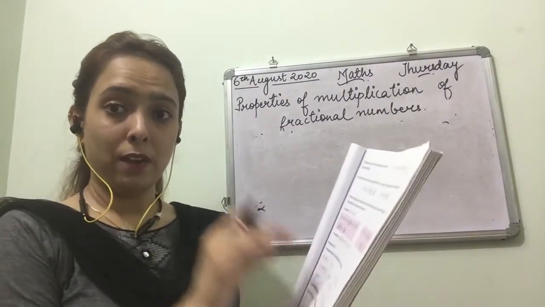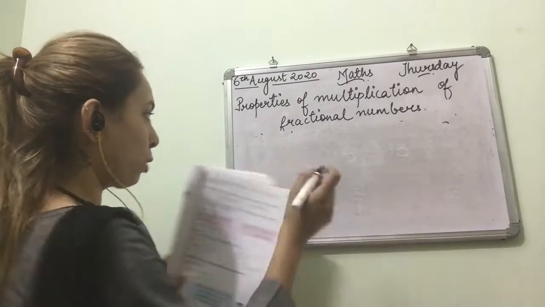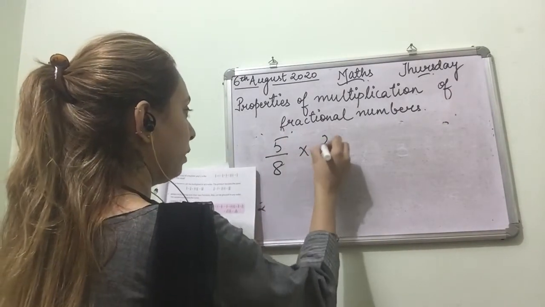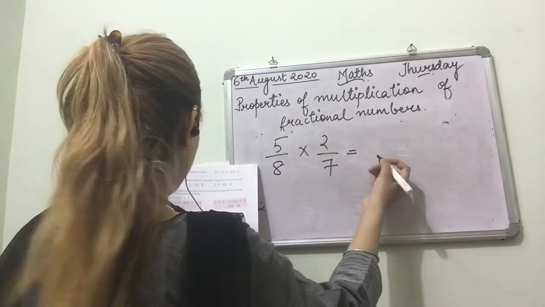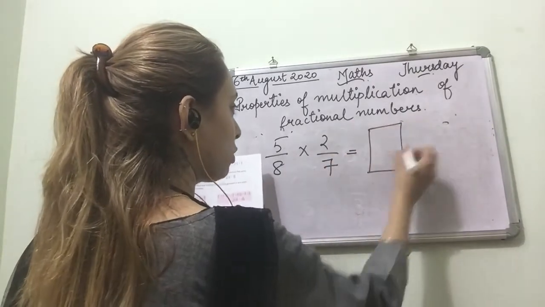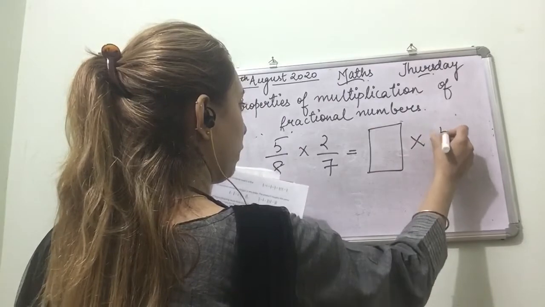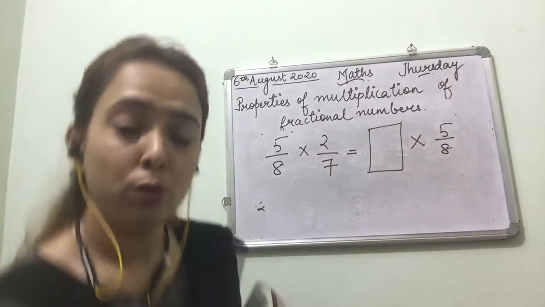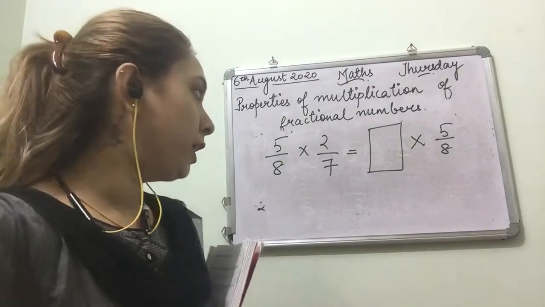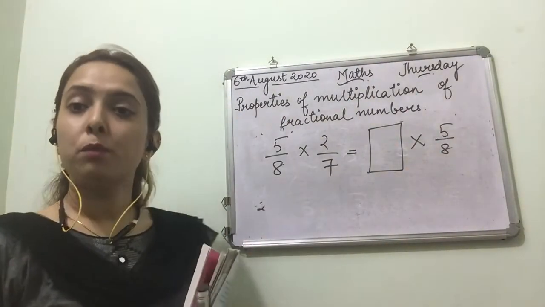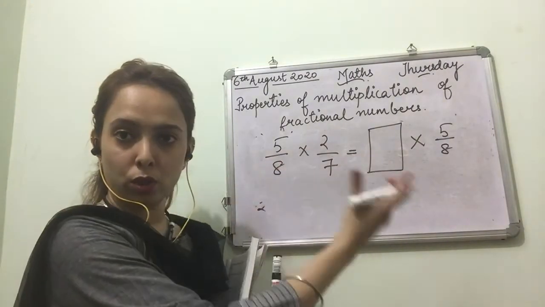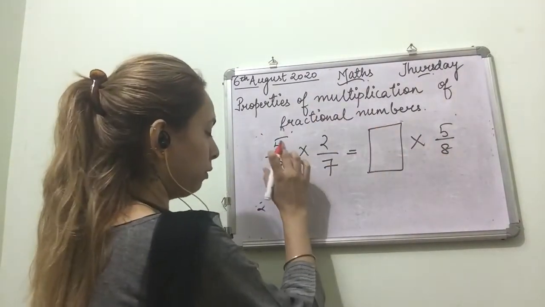The properties which we have done just now, you have to use those properties only. So 5 upon 8 multiplied by 2 upon 7 is equal to a blank multiplied by 5 upon 8. Can you all remember which property we can apply here? Property number 3, that if we change the position of the fractions, the product will remain the same.